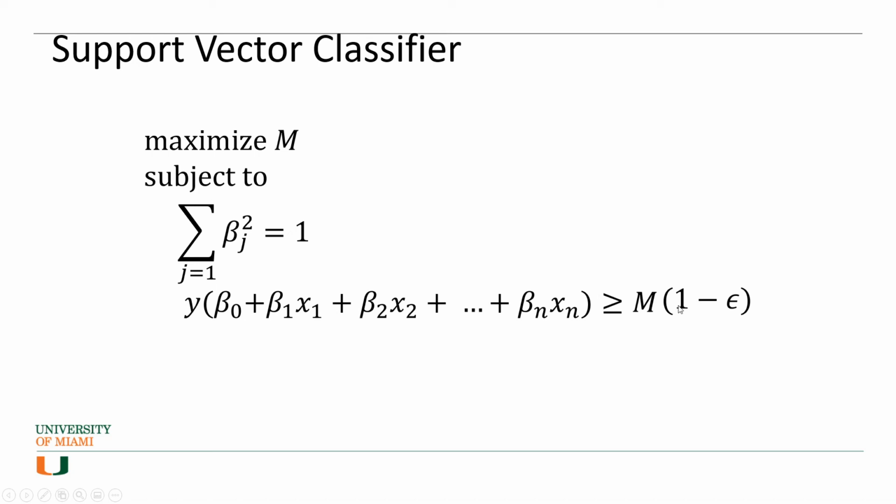The difference here is that we are allowing some error. So we can say the distance should be larger or equal than m multiplied by 1 minus epsilon, in which epsilon is a non-negative value, larger or equal to 0, and the sum of the epsilons for all the observations in your data set should be less or equal than c.